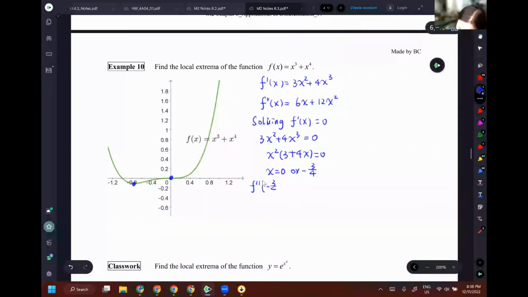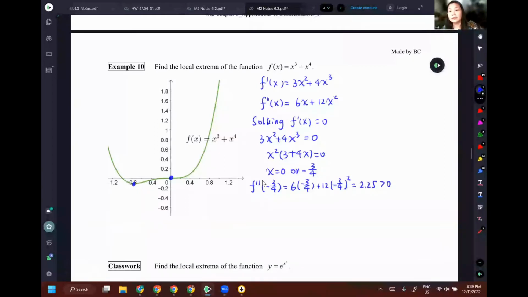For this one, f double prime of negative 3 over 4 equals 6 times negative 3 over 4 plus 12 times negative 3 over 4 squared, which is 2.25, positive.